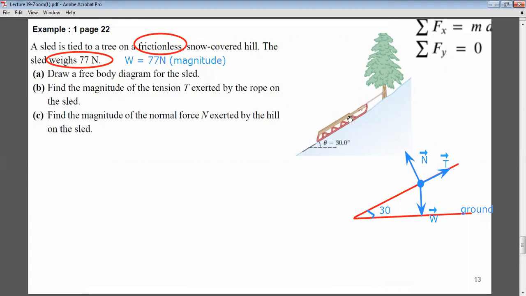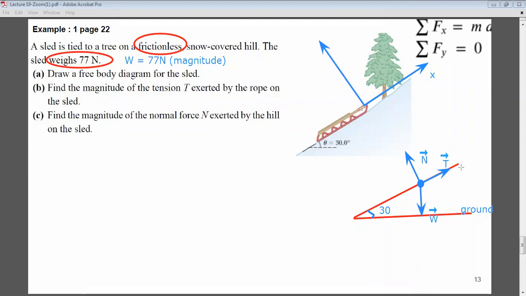Here, if it will move, how will it move? It will either move downward or upward, right? But it's standing still. So I'm free to choose the x-axis either upward or downward. It wouldn't cause any difference because anyway, it's not moving. So I will choose the x-axis in this way. Now I choose the y-axis perpendicular to it.